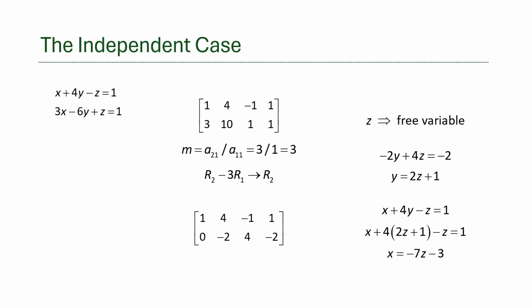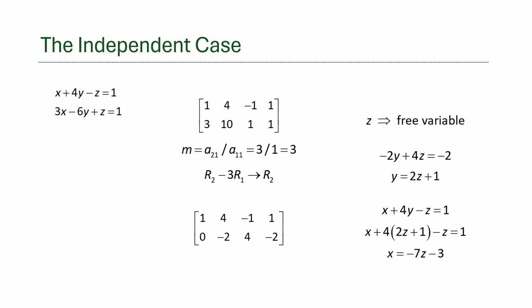So I want to have a formula for y in terms of z, which I did, and now I'm going to get a formula for x in terms of z. That's negative 7z minus 3, and now I have my solutions. My solutions are negative 7z minus 3, comma 2z plus 1, comma z.